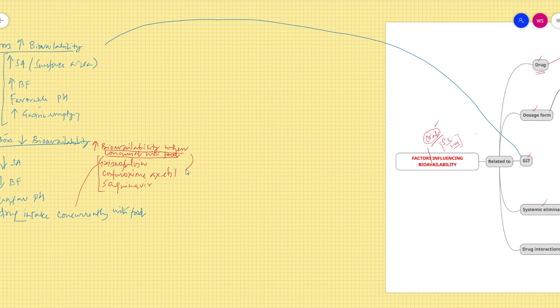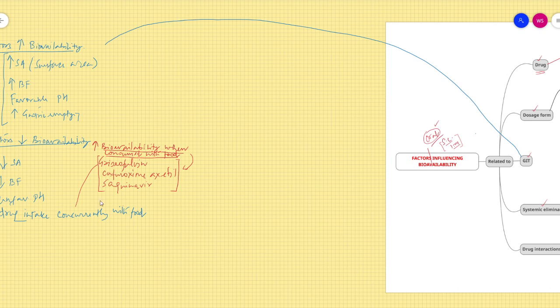Okay, and what are the examples? These drugs. But in general, drug intake concurrently with food decreases bioavailability. But as in science, there are always exceptions, and these are the exceptions.